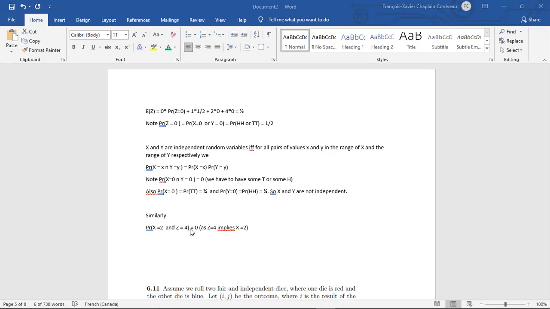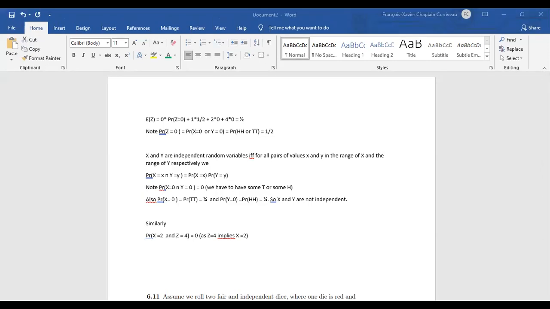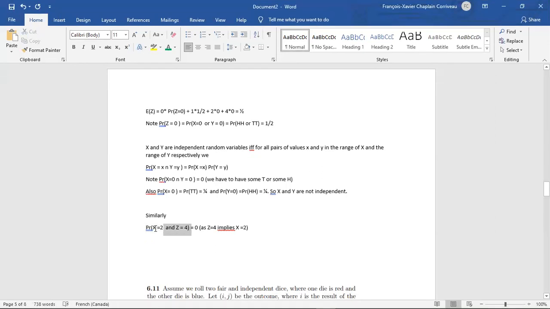Here, my question is, is this 0 or is this not 0? Well, what I wrote here was for x equal to 1, right?